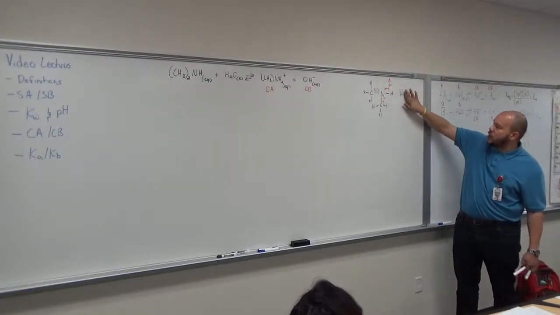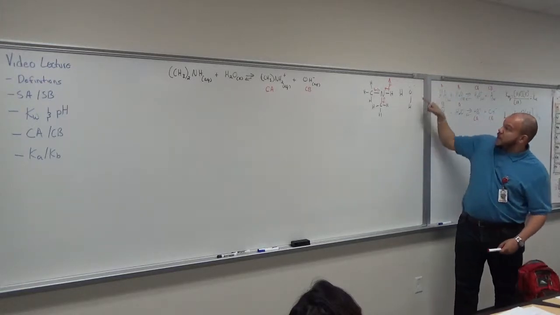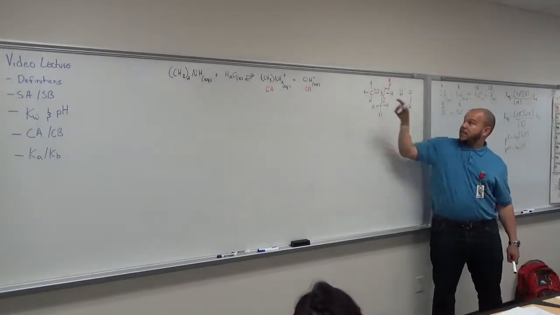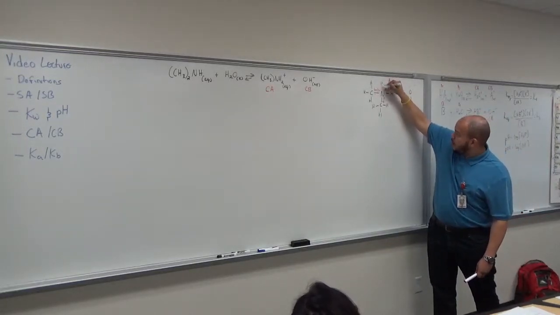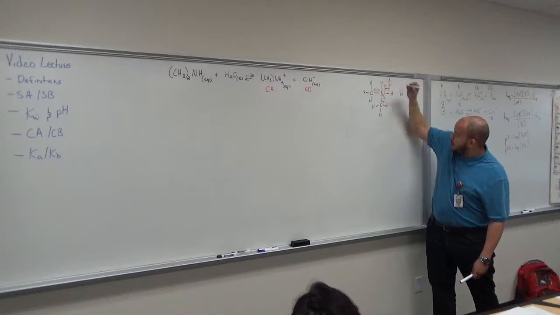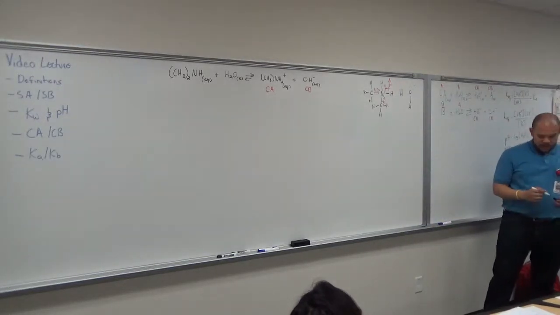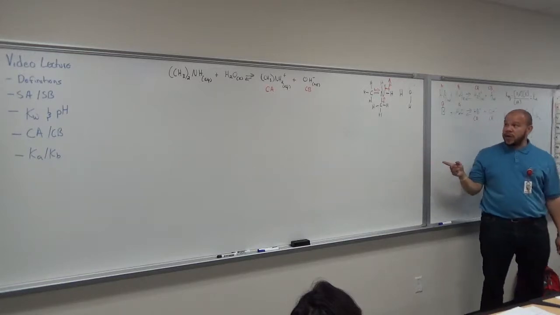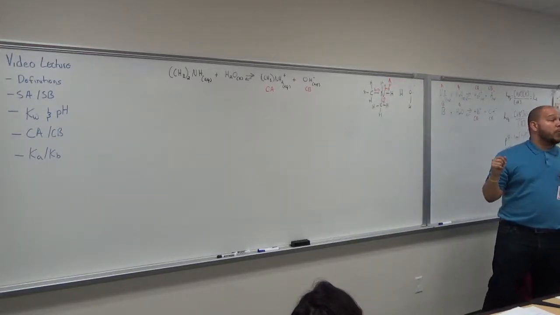So nitrogen essentially plucks this guy, leaving you with the conjugate base and leaving you with the new conjugate acid, which is now tetrahedral in geometry and positively charged. Still polar.